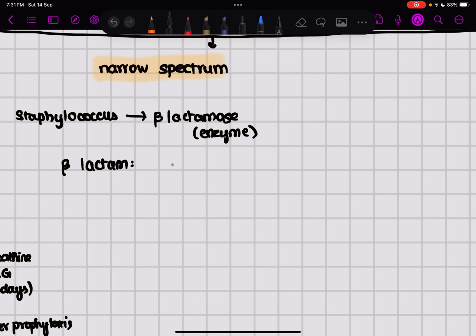This is the structure of beta lactam, as we already know, and here they break it by giving this beta lactamase enzyme, and hence this beta lactam is broken. It develops resistance. The antimicrobial does not work.